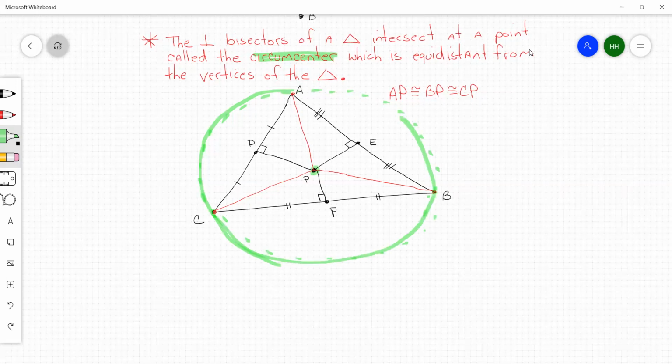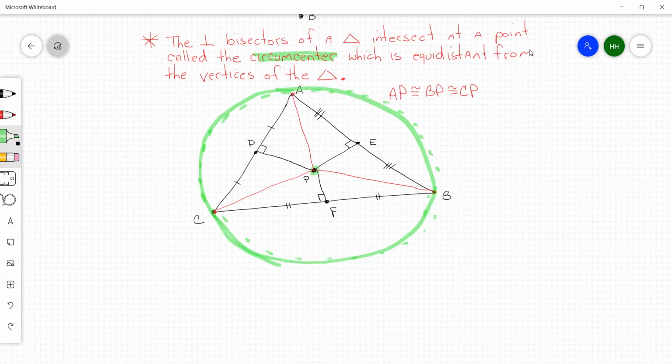There's a circle that's circumscribed about a triangle. Every triangle has a circumcenter that is equidistant from the vertices of the triangle. That circumcenter is the center of a circle that is circumscribed about a triangle.